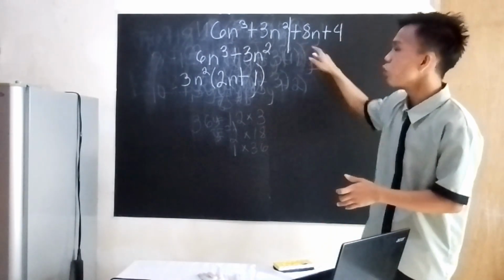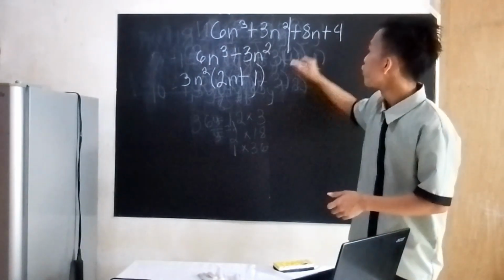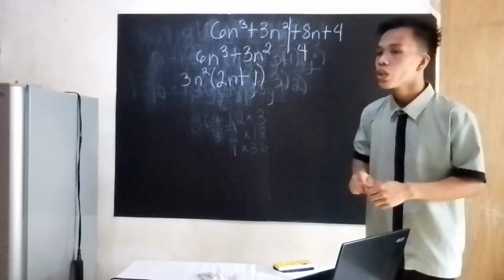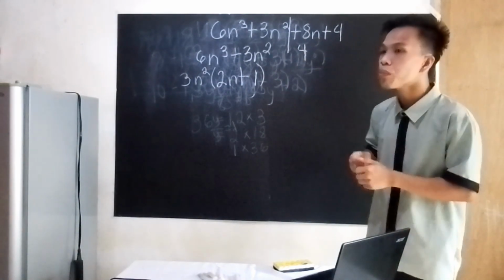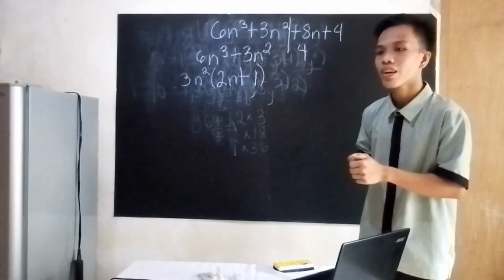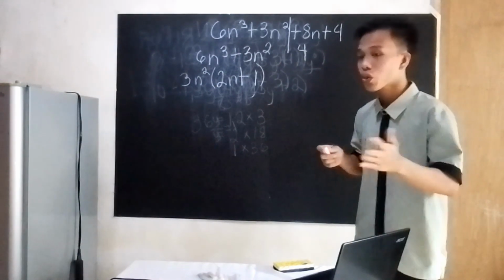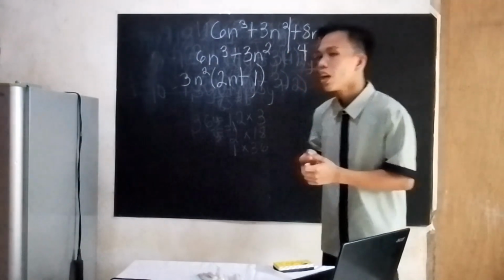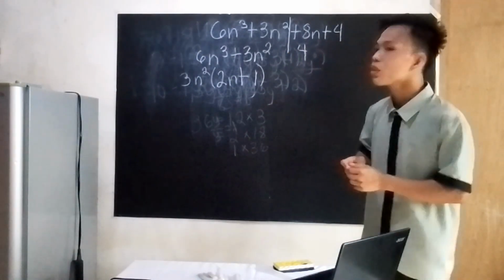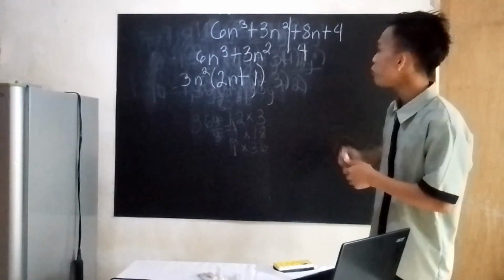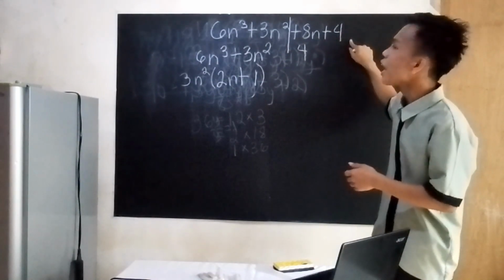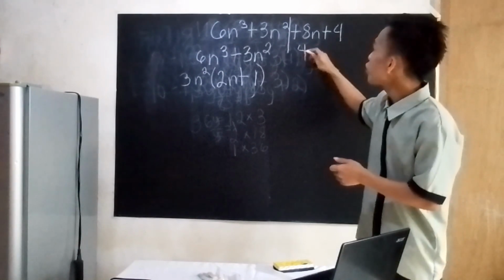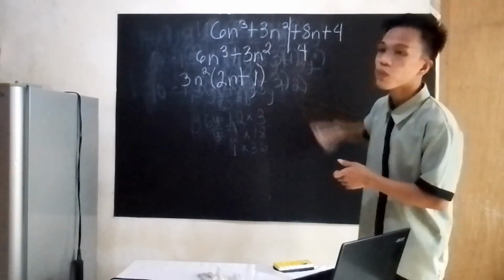That's right, they are both divisible by 4. So shall we put n in here, or a variable? Some say yes and some say no. But as a matter of fact, we are not going to put n in here because 4 doesn't have a variable. So our greatest common factor for 8n plus 4 is 4.